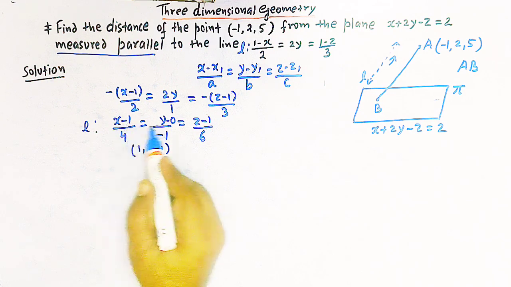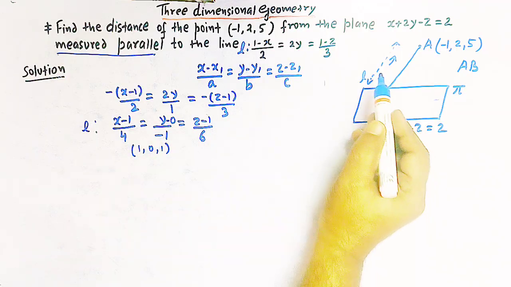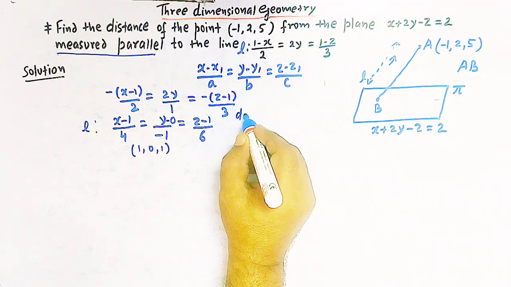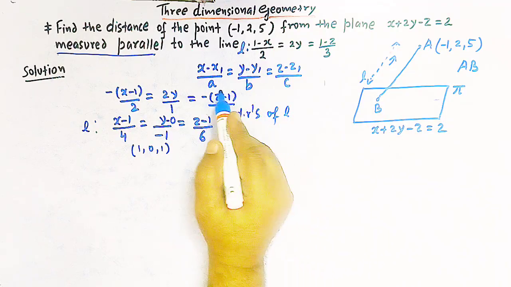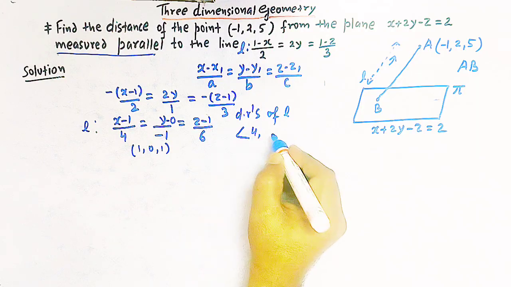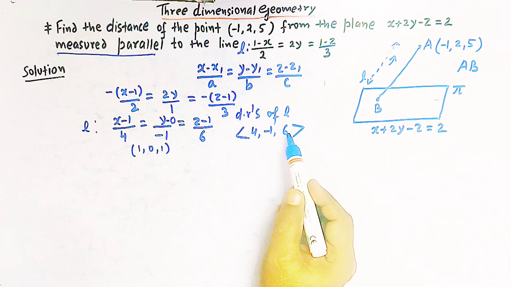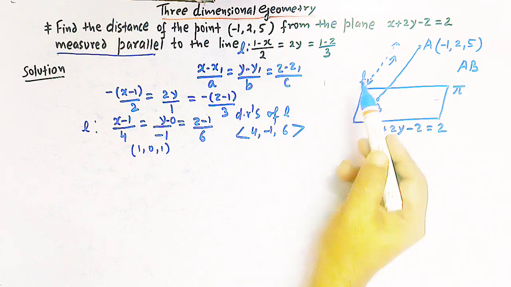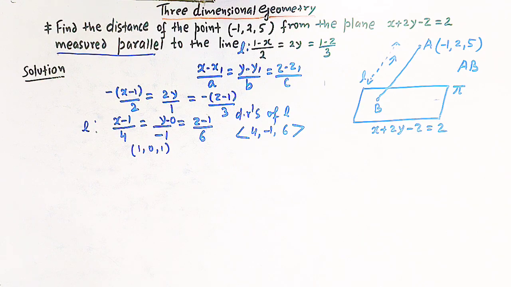So (1, 0, 1) is a point lying on this line L, and the direction ratios of this line L are given by a, b and c, which are 4, -1 and 6. So the first step is to get the direction ratios of this line L, which are 4, -1, and 6.